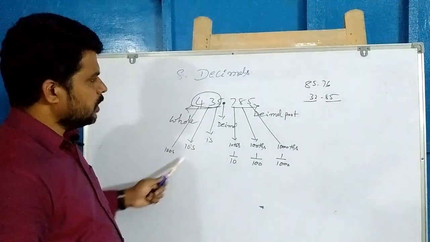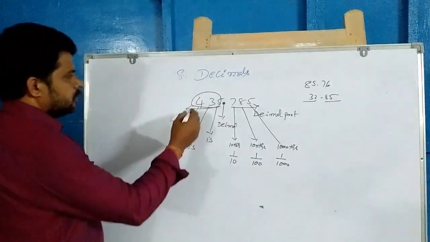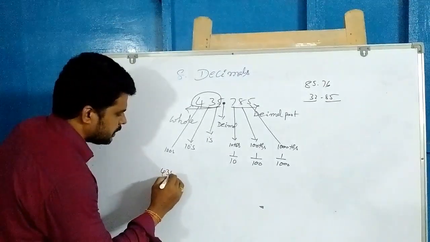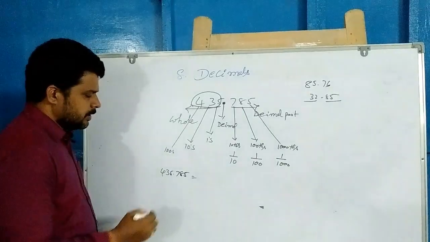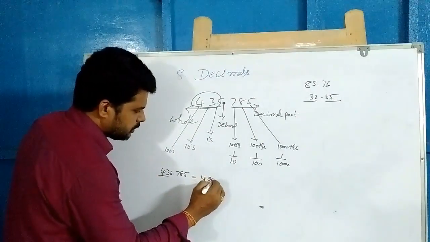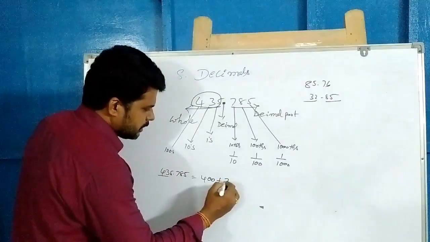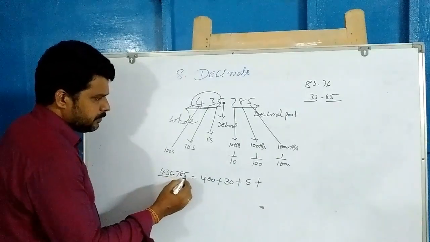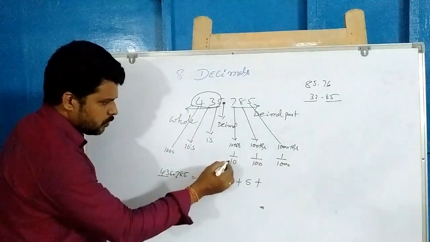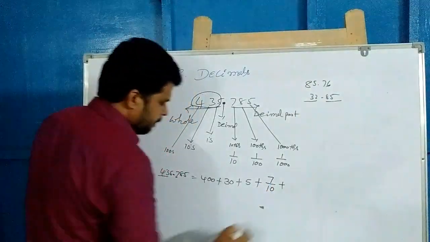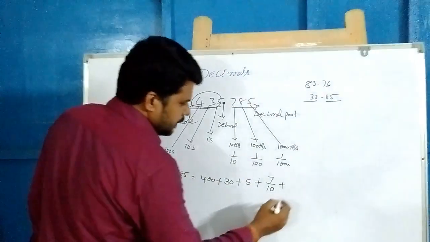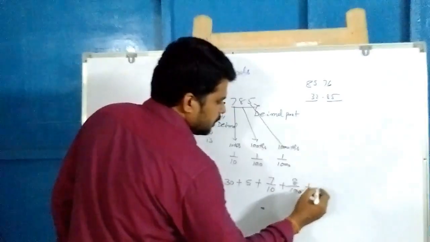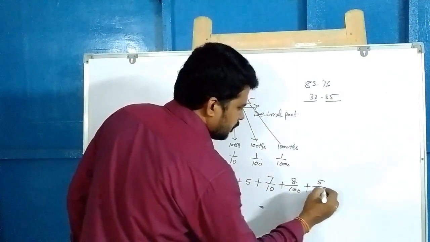So see the difference between the whole number part and the decimal part. 435.785, expanded form: 400 plus 30 plus 5 plus. Now 785 is the decimal part. 7's place value is 1 by 10, that means 7 by 10. 8's place value is 1 by 100, that means 8 by 100, plus 5's place value is 1 by 1000, so 5 by 1000.